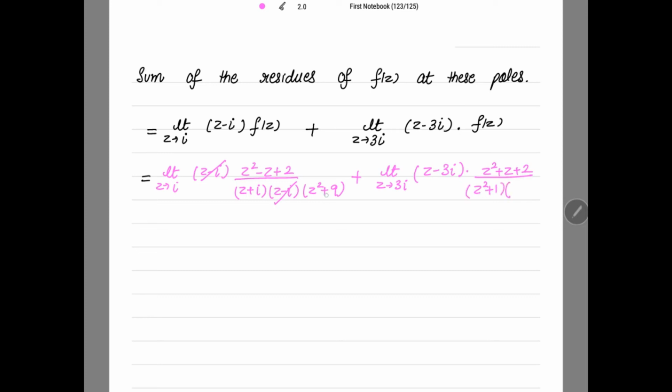I am factorizing this z square plus 9, that is (z plus 3 iota)(z minus 3 iota). Now this cancels out with this z minus 3 iota.